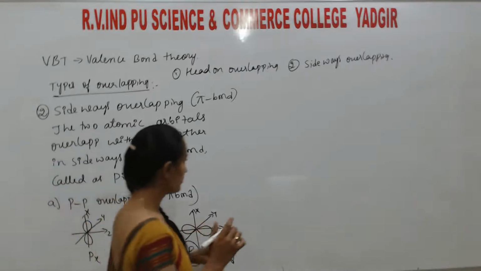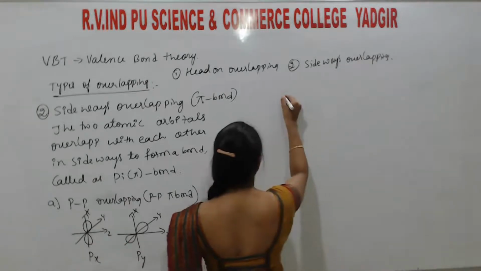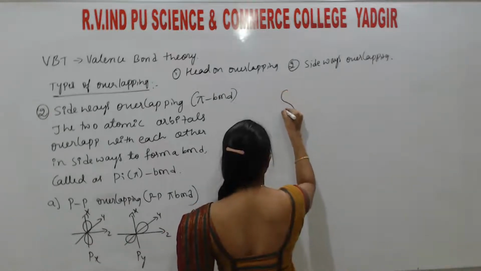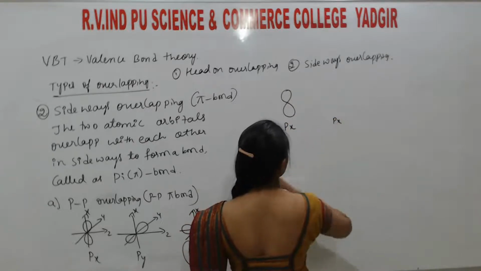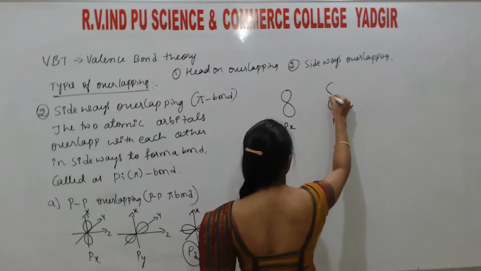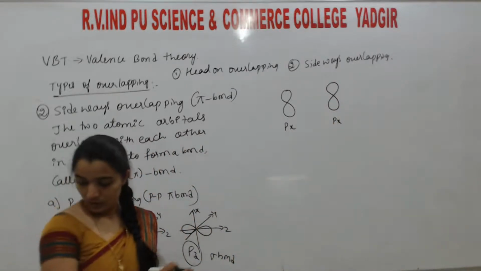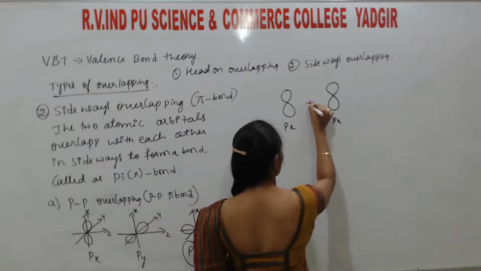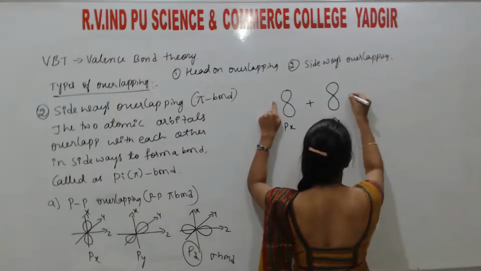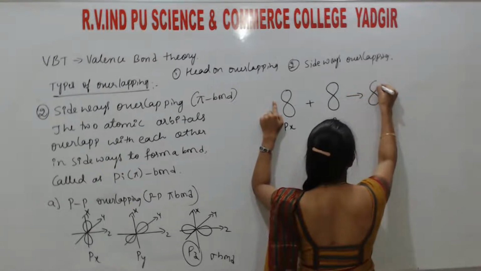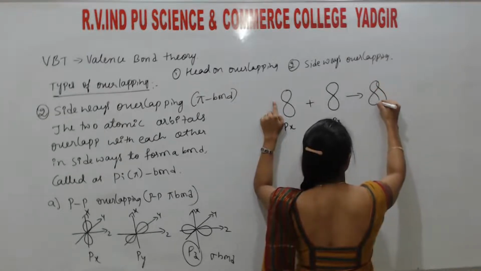So now, assume this is X orbital. So here two orbitals are there. One is Px orbital, another is also Px orbital. Here the sideways overlapping takes place. Means this orbital overlaps sideways with this orbital.